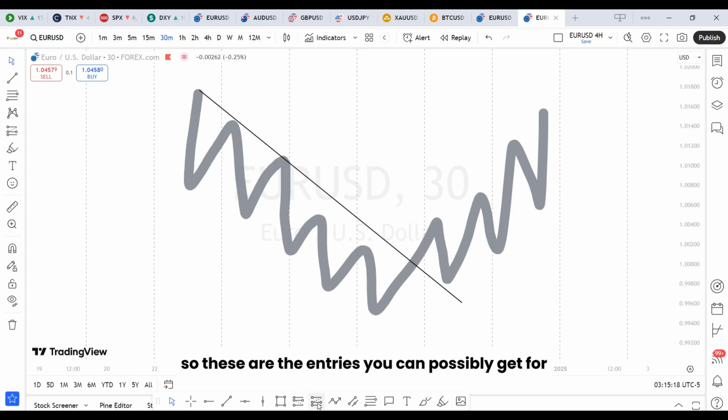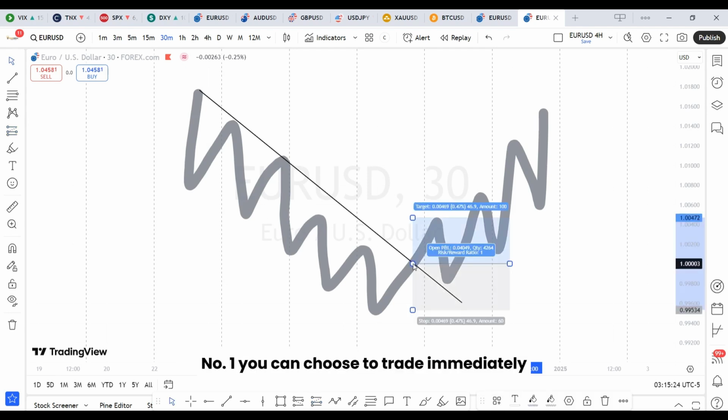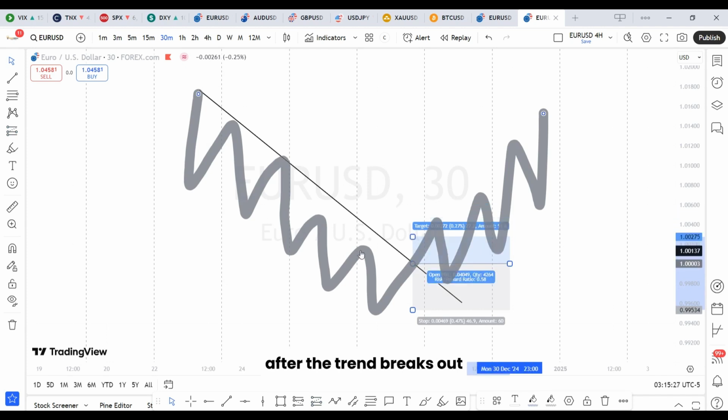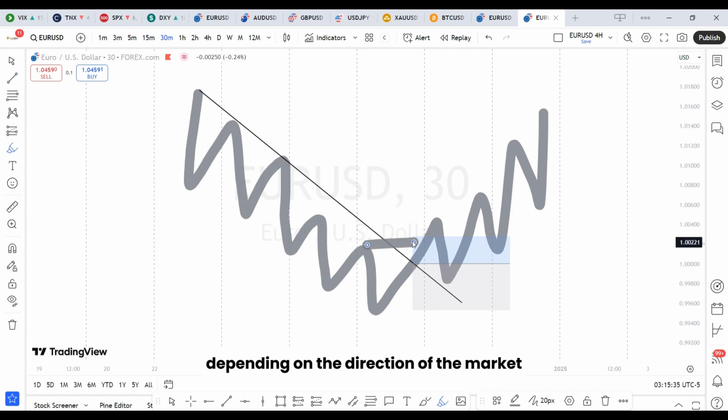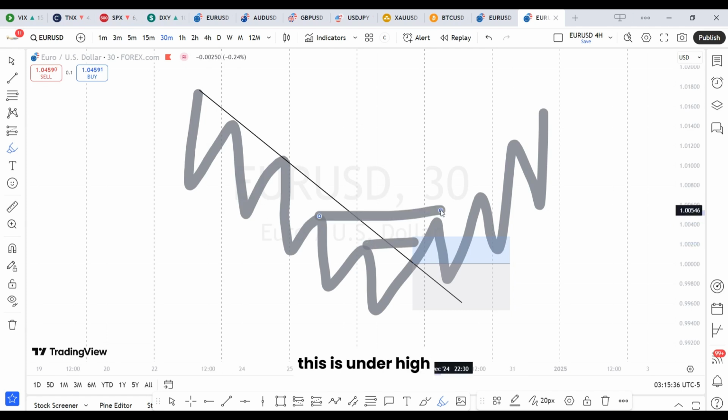So these are the entries you can possibly get for a trend line breakout strategy. Number one, you can choose to trade immediately after the trend breaks out. You put your take profit at the previous high or the previous low, depending on the direction of the market. So this is the previous high, this is another high. You can choose to put your take profit targets.